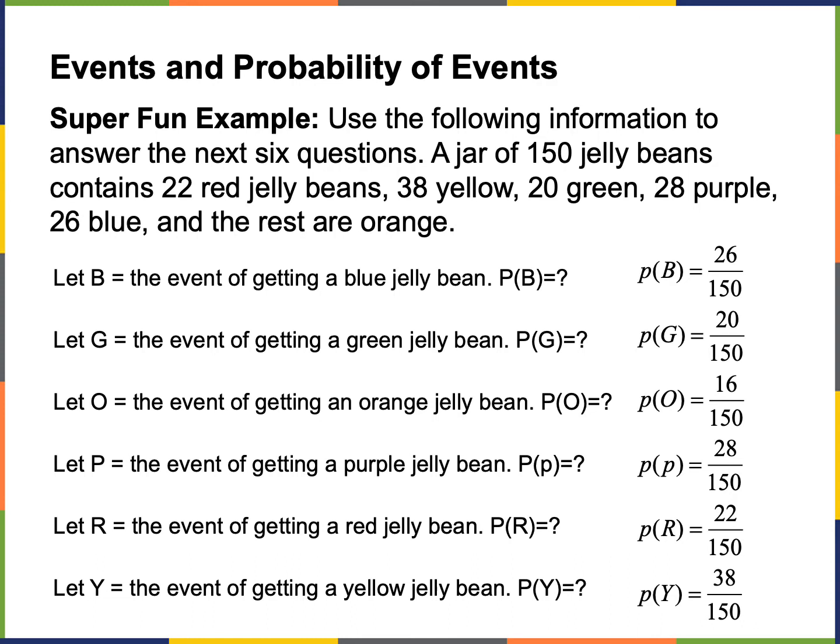The probability of getting a green is 20 out of a possible 150 outcomes. Probability of getting an orange, well, you'd have to add all these up and subtract from 150. So that would be 16 out of 150. Purple is 28 out of 150, red is 22 out of a total of 150, and yellow is 38 out of 150.